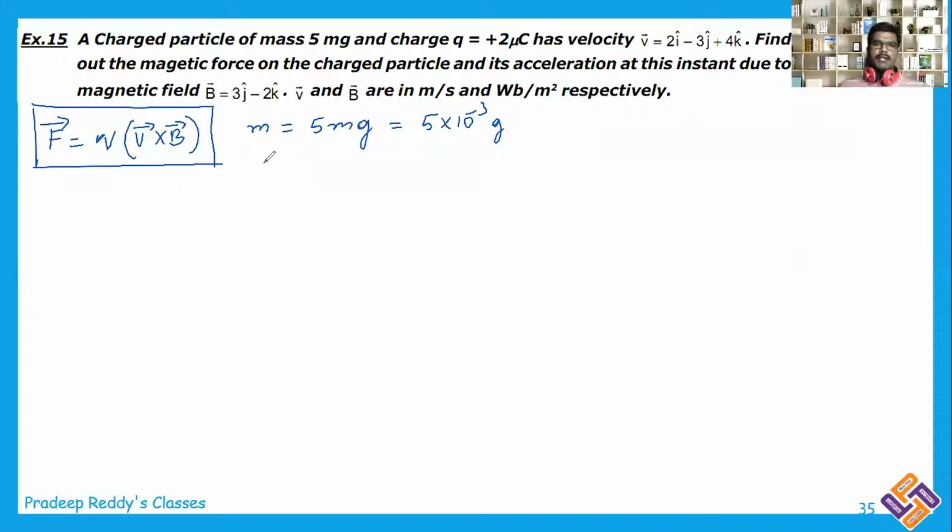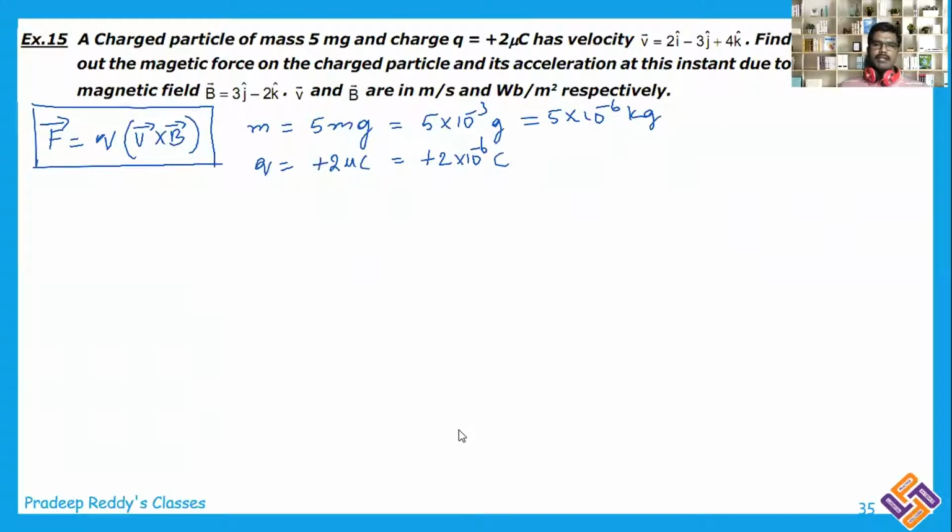The charge is plus 2 microcoulomb, which is plus 2 into 10 power minus 6 coulomb. You can convert the mass into kg, and this becomes 5 into 10 power minus 6 kg, because coulomb is in the SI system, so you need to convert all the units into the SI system.